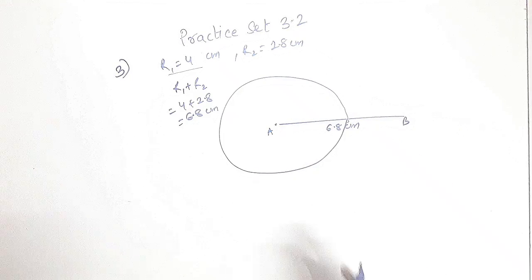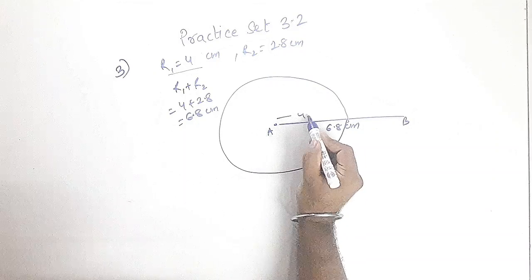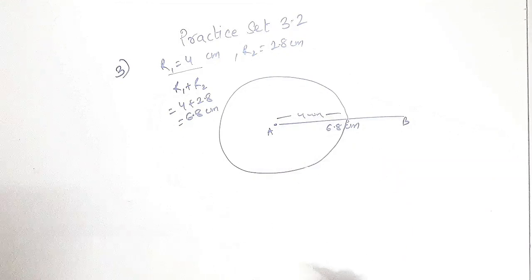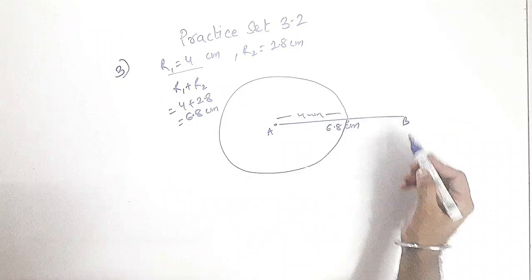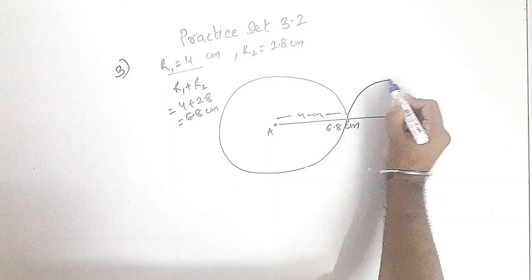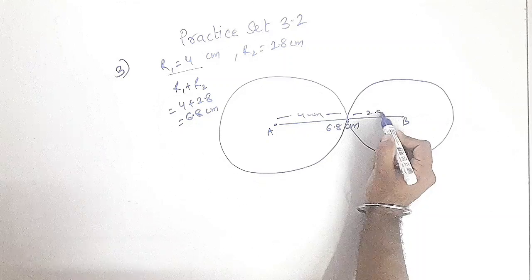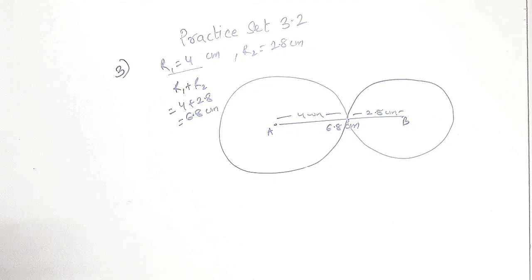Now the radius is 4 centimeter. Now from B, you know 2.8, this naturally will be 2.8. So from here you can draw a circle of radius 2.8 centimeter. Clear? Now let us move on to internally touching circles.